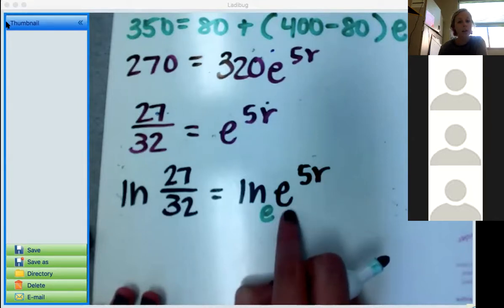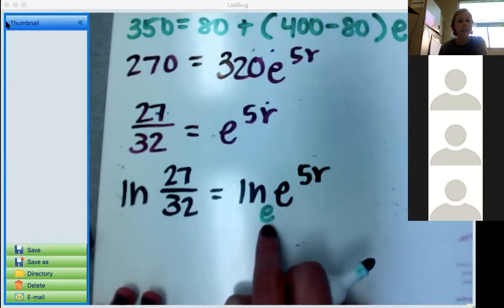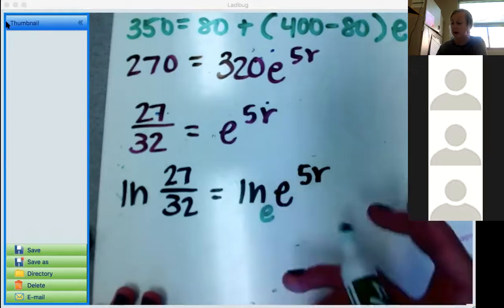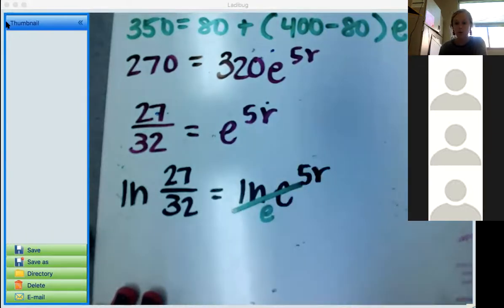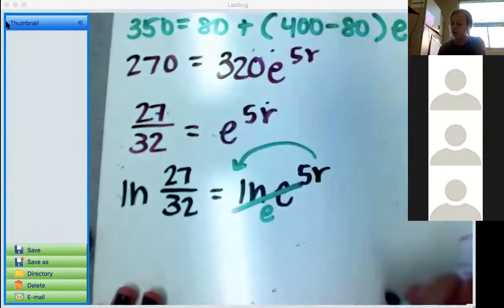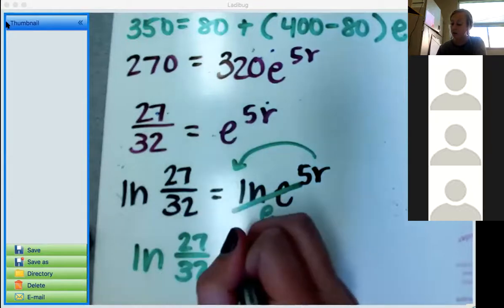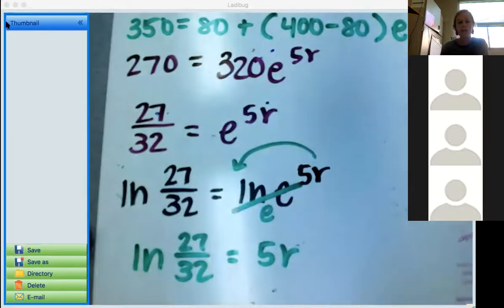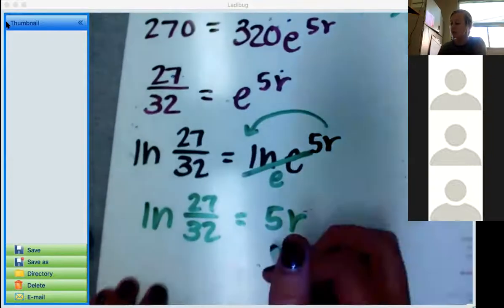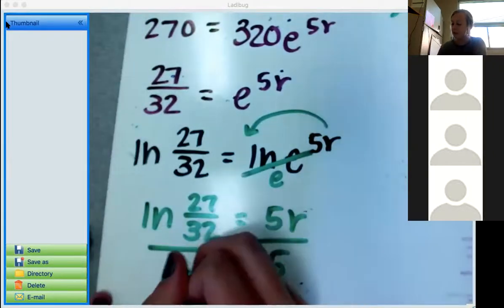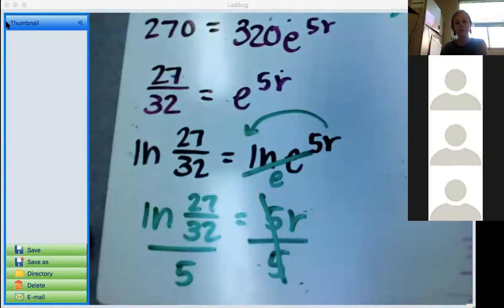If the argument and the base are the same, that would just be e to the first gives us e, right? So this just becomes a 1. And then you bring the exponent down. So this is natural log of 27 over 32 equals 5r. And then you'll just divide by 5 to get your rate.